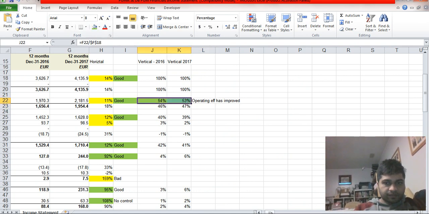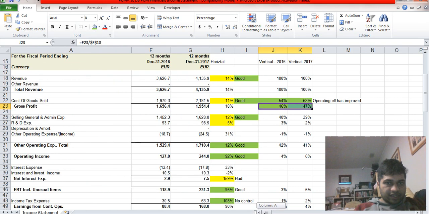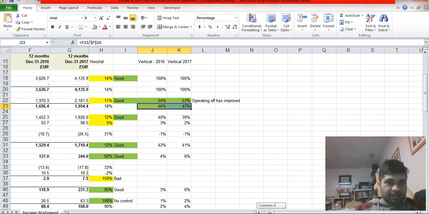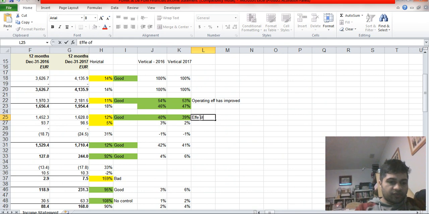Then if you see, gross profit has gone up, so that also indicates operating efficiency. Then percentage allocation to SGA, selling general expenses, has gone down. So less efforts are required now to sell products than earlier. So efficiency of handling indirect cost has gone up.